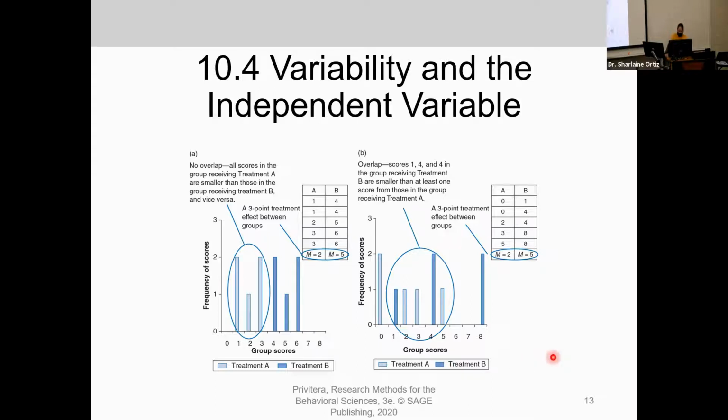This is letting me know that individual differences are indeed causing those 3-point differences here. Treatment A noted a difference of 2, whereas treatment B noted a difference of 5 in those scores. So for that 3-point difference, because there is overlap in the scores, I cannot ascertain that it was indeed the treatment method.